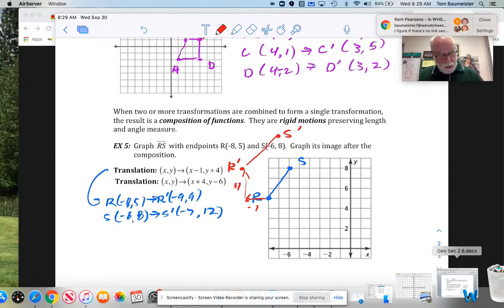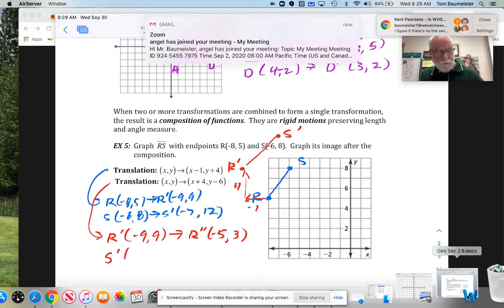But then the second translation is the one that we're kind of worried about. And that now takes our R prime, which was negative 9 and 9, and that one will go to negative 9 plus 4, which would be negative 5, and 9 minus 6 is 3.